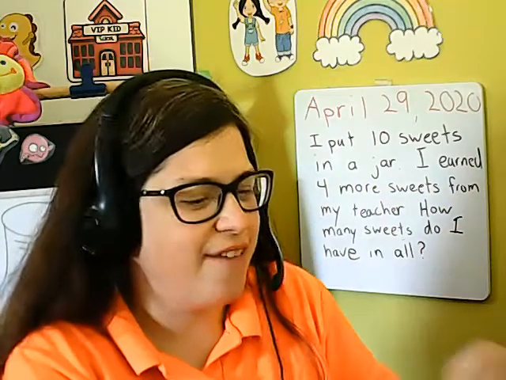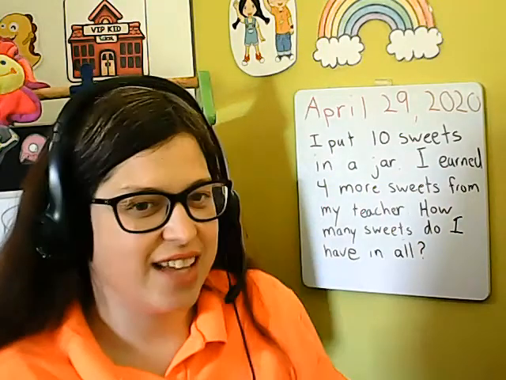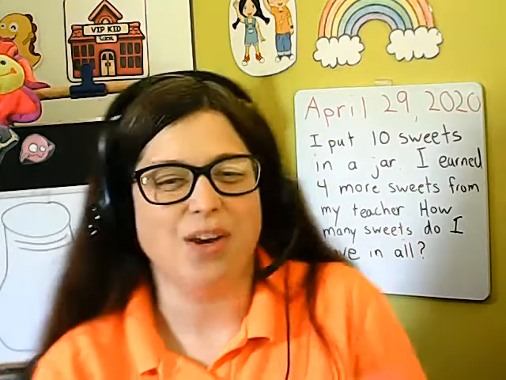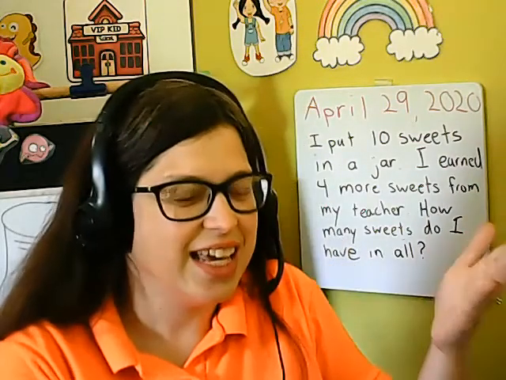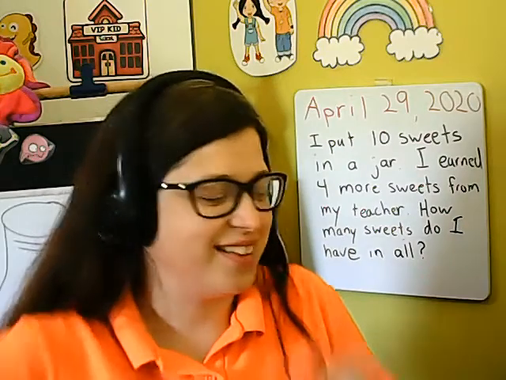If you haven't gotten a chance to yet, go back and watch Monday and Tuesday's video about how we can use base 10 blocks to show or represent teen numbers as 10 and some ones.